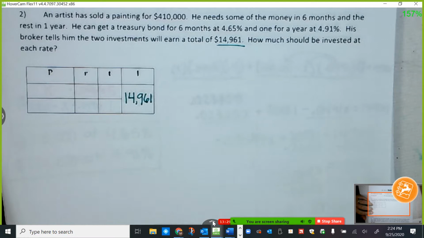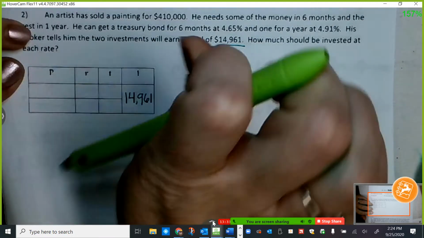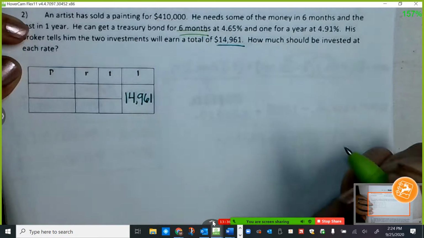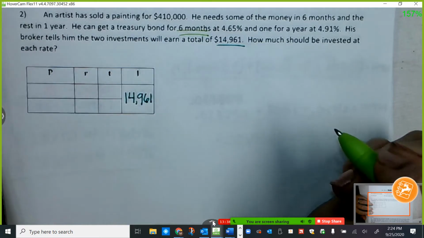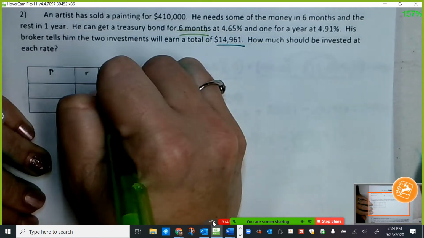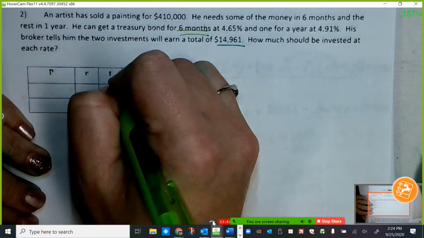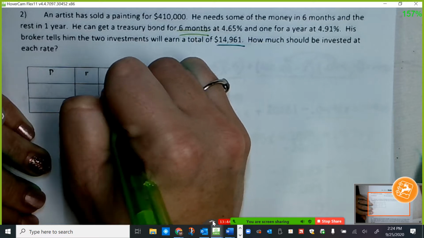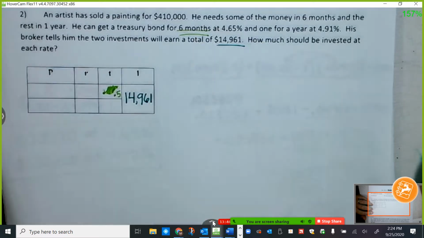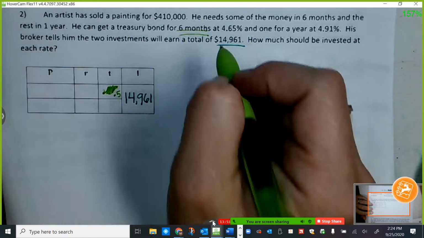Now I want you to realize this first piece. It says he can get a treasury bond for 6 months. What does that look like in years? Half. So 0.5. Now it's 4.65%.